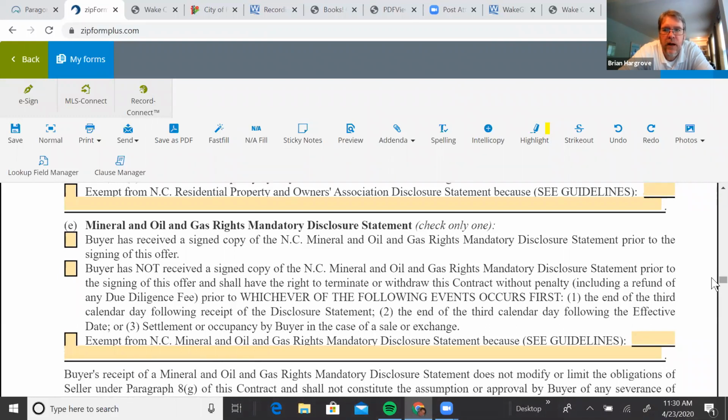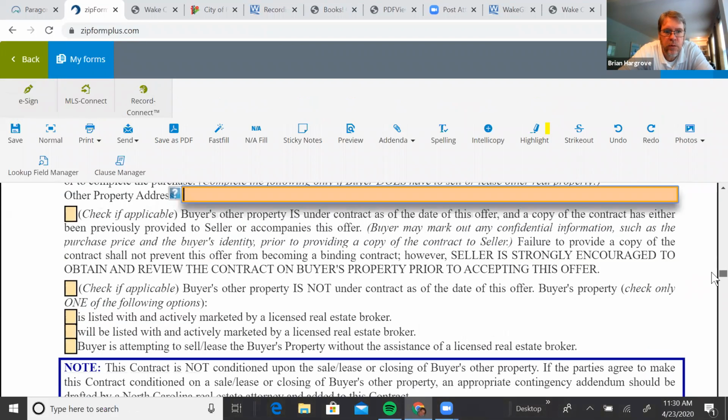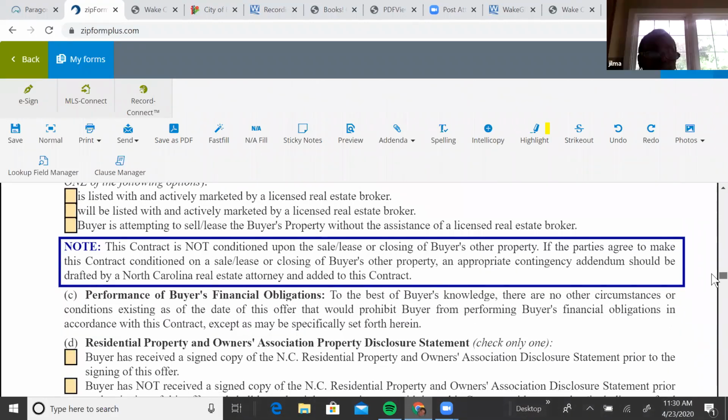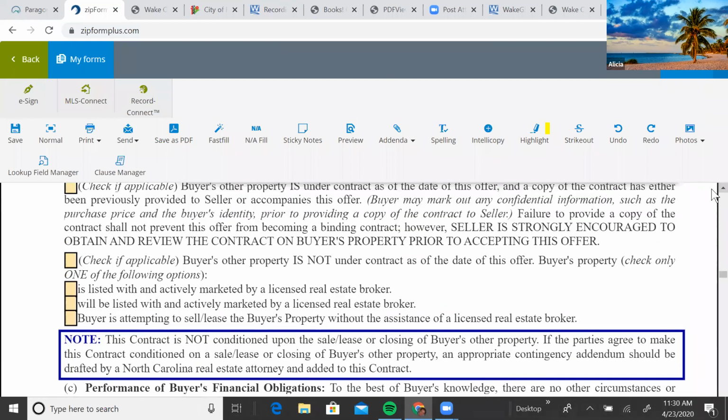Yeah, because the way this works is that right here, let me get to it. I think it was, is listed, will be listed and actively marketed by a licensed real estate broker, is what I had clicked.